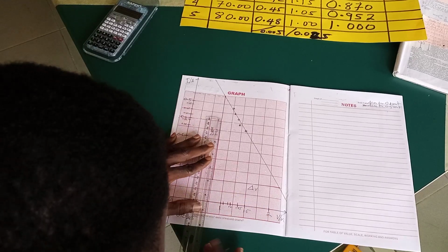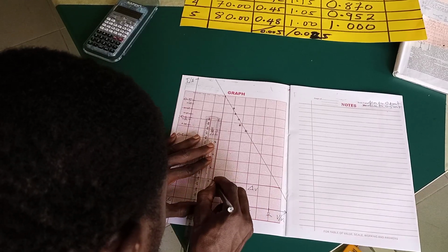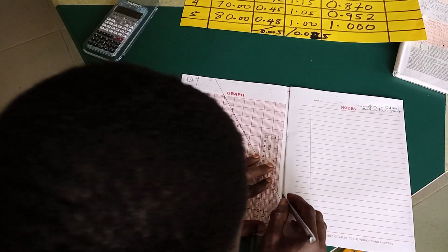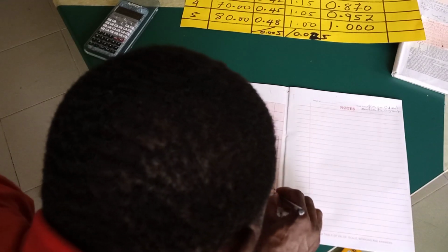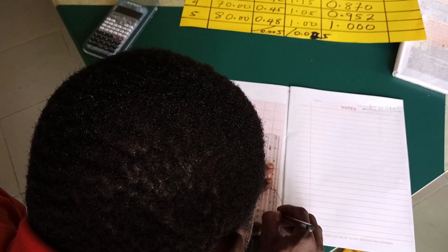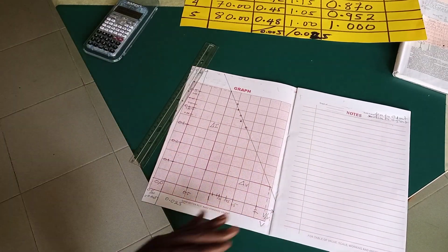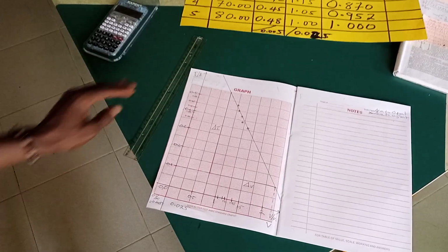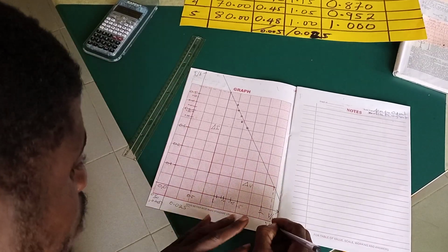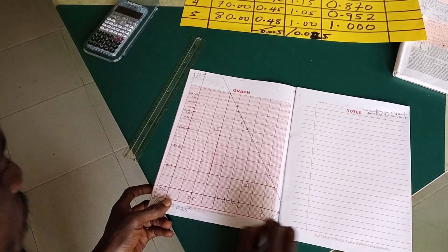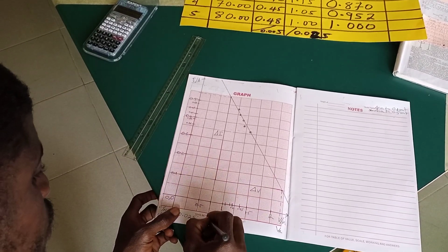Trace this one down too, and then this also. So this particular point is your V2. This particular point is your V1.